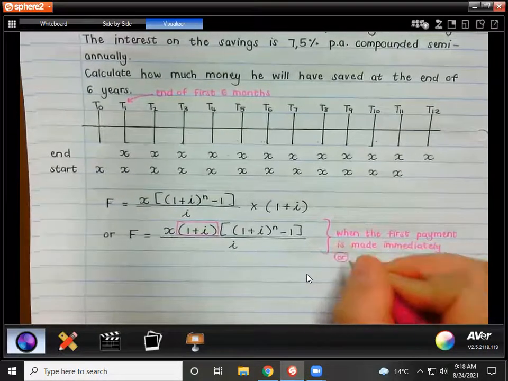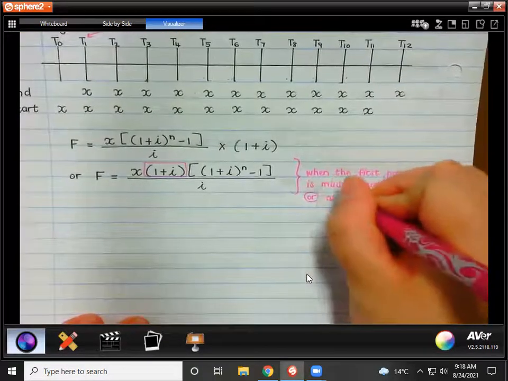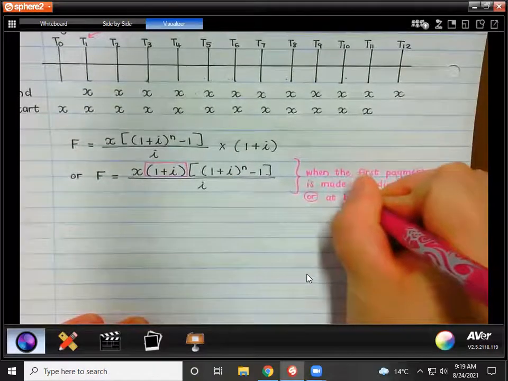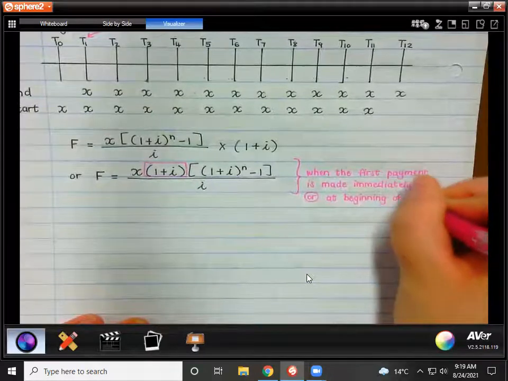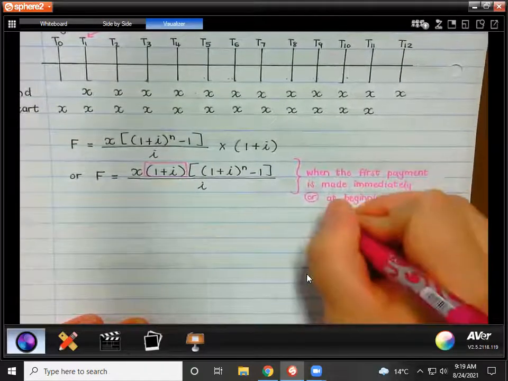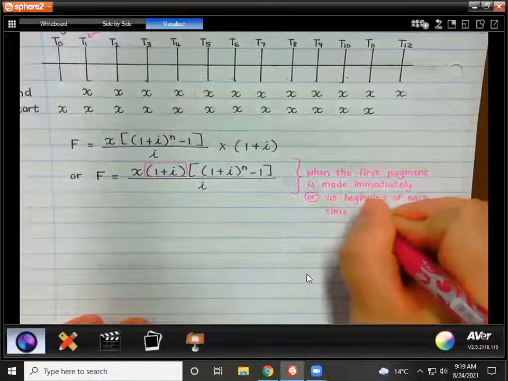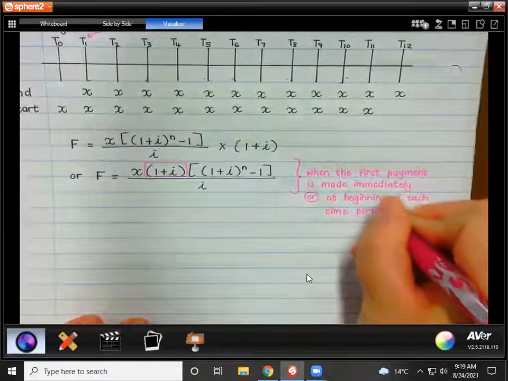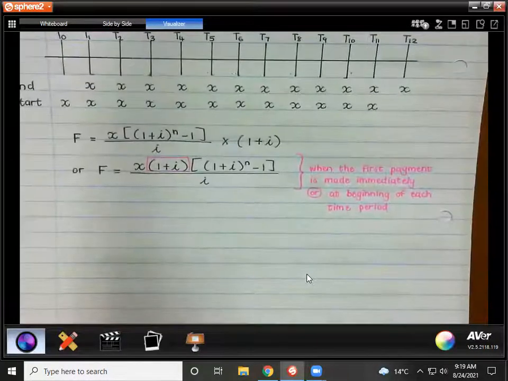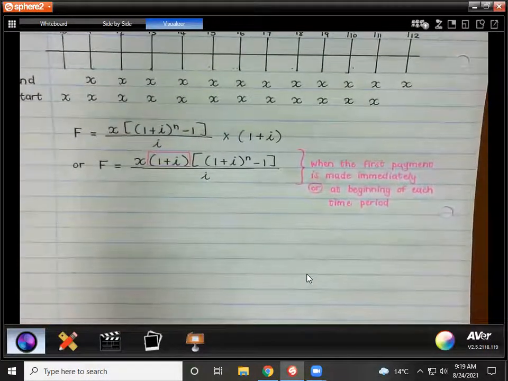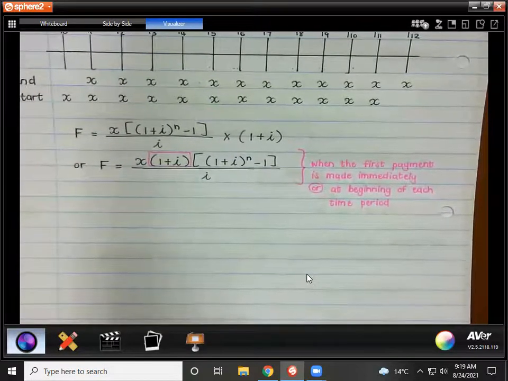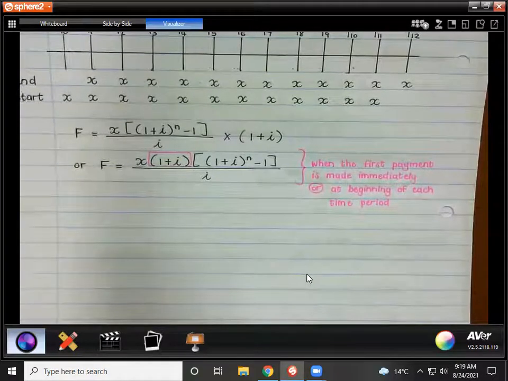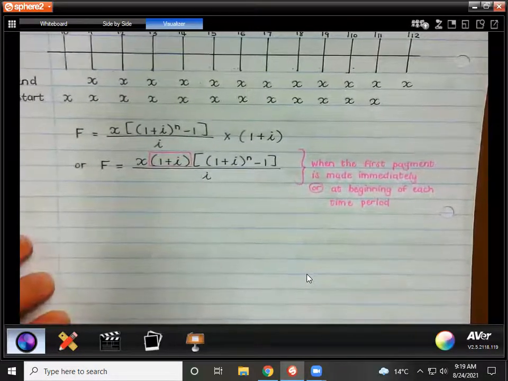Sometimes they'll just say payments are made at the start of each month, or at the beginning of each time period. Okay, and like I said, this formula is not on the formula sheet, so you need to be able to basically change the original, the given formula to this.